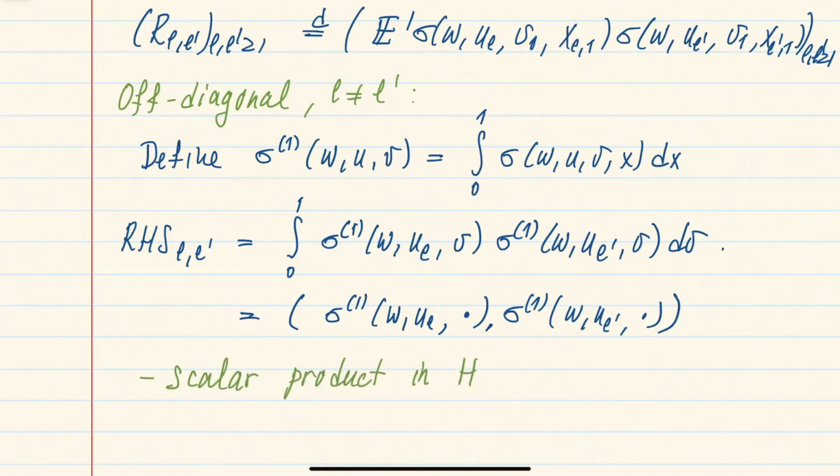And I will denote L2 as H. So our Hilbert space here will be L2 on 0, 1 with the Lebesgue measure dV.